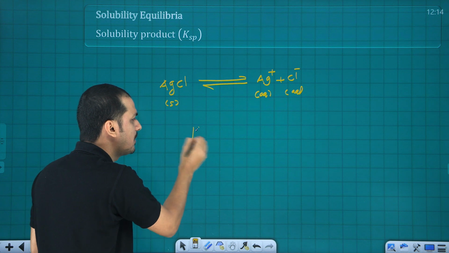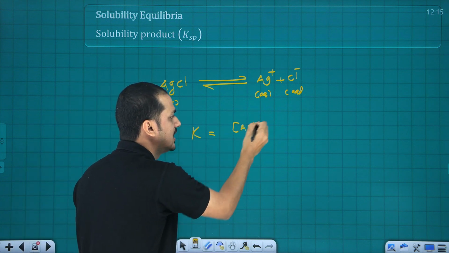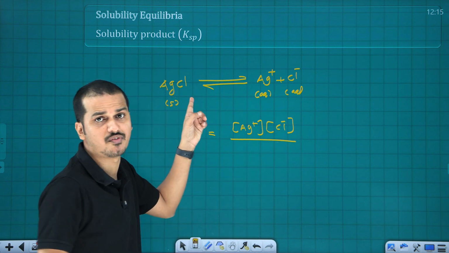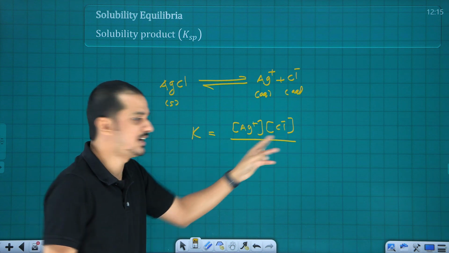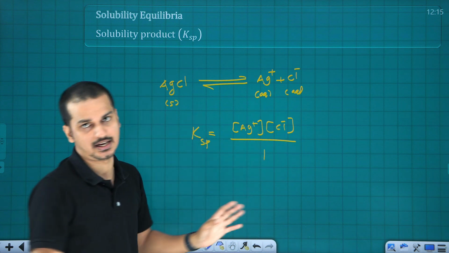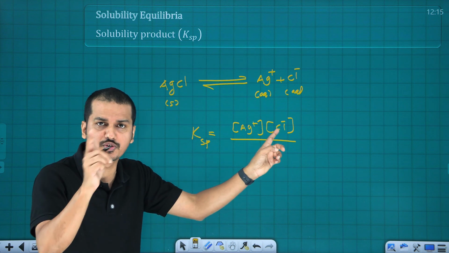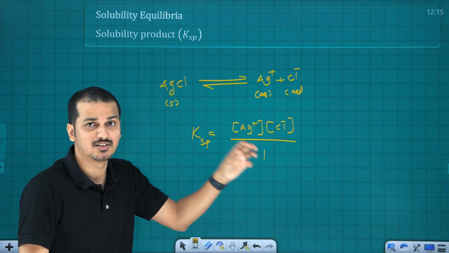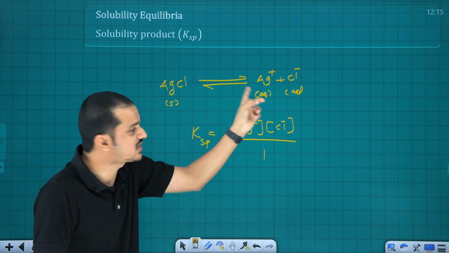Then what about the equilibrium constant for the sparingly soluble salt? Concentration of Ag plus into concentration of Cl minus divided by concentration of AgCl. That's a solid, that is 1. This ionic product is what is called a solubility product. Solubility product is nothing but the product of ions produced by the sparingly soluble salt, and we have to raise some powers that will be equal to the stoichiometric coefficient of the ions.